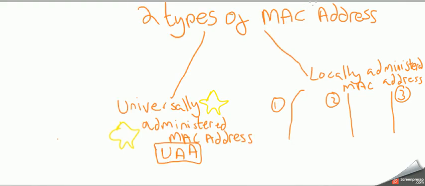The second type of MAC address is called the locally administered MAC address, so otherwise known as LAA. Local, or locally and universally. Big difference. This will allow a company or a person to change their MAC address if they're forced to.